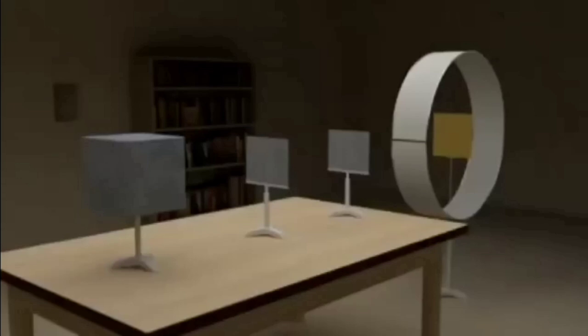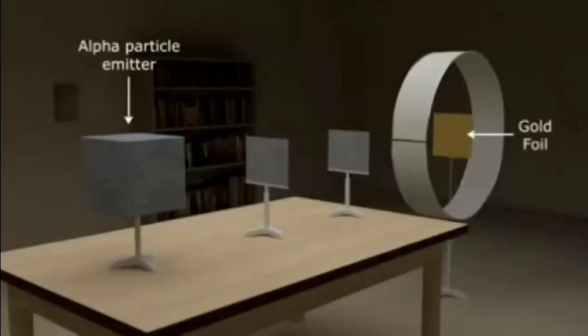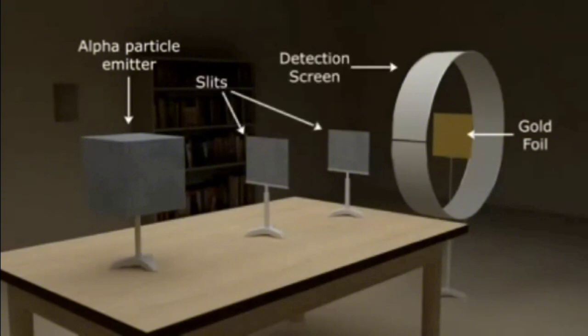Alright, now I want you guys to get a clear idea of the Rutherford experiment, because he made a great contribution regarding this atomic model. In this video, it's about his experiment, which is called the gold foil experiment. These are the apparatus used for this experiment.